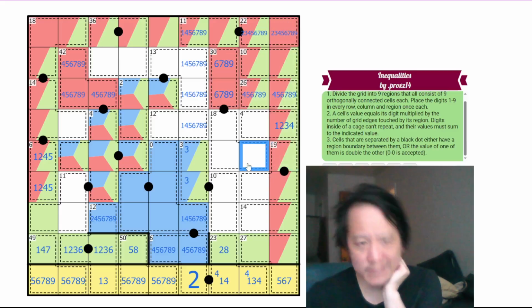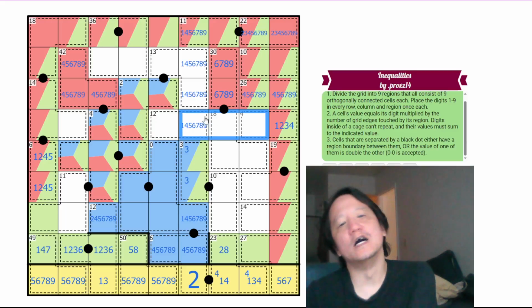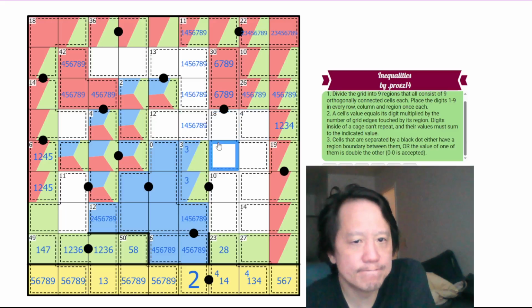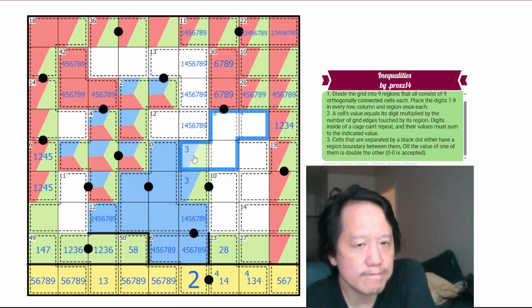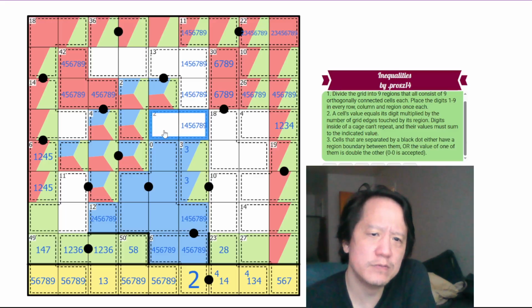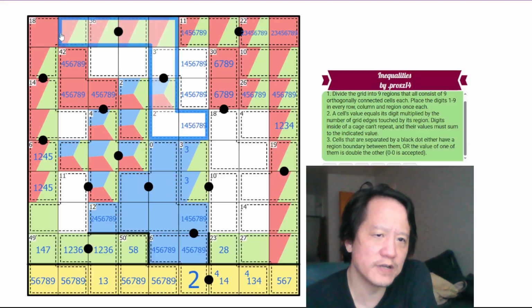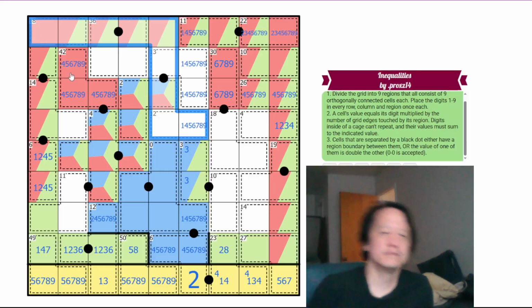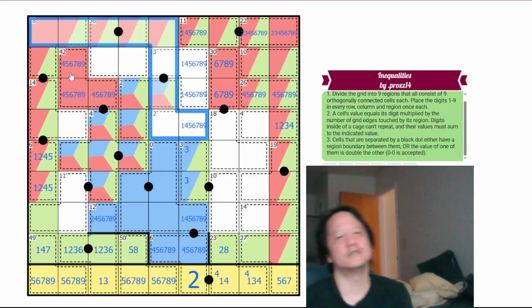Yeah. This is either a double or these are both green. Can these both be double? 1, 2, yeah, 1, 2, 3, 4, 5, 6, 7, 8, 9. Yeah. That is certainly possible.